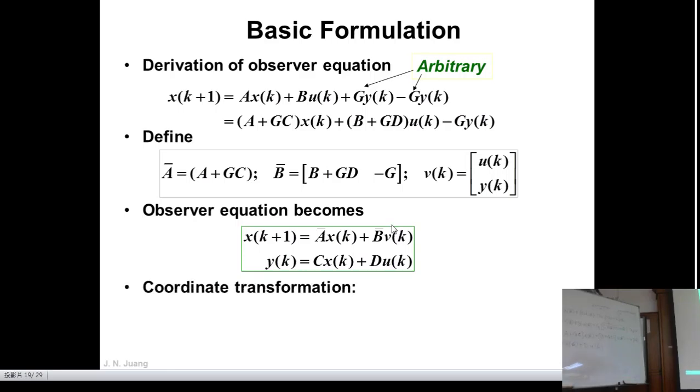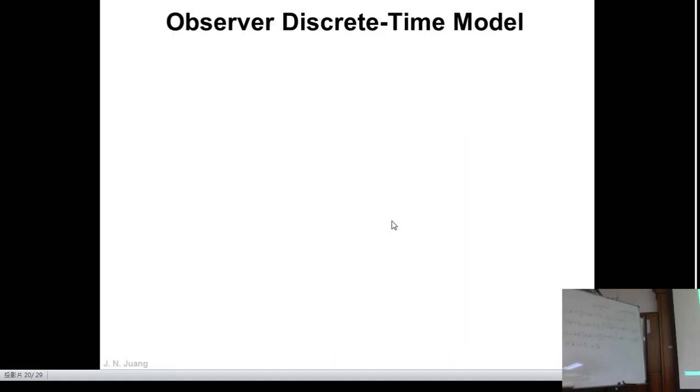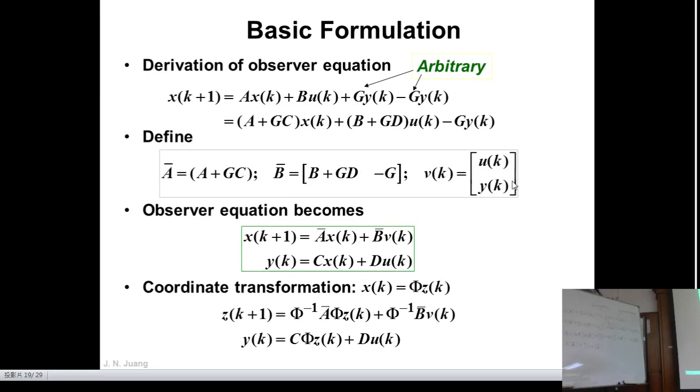That vk is uk and yk stacked together, so this vk includes my uk and my yk. And B bar is B plus GD minus G. Uk and yk are both from measurement: u from measurement, y from measurement.